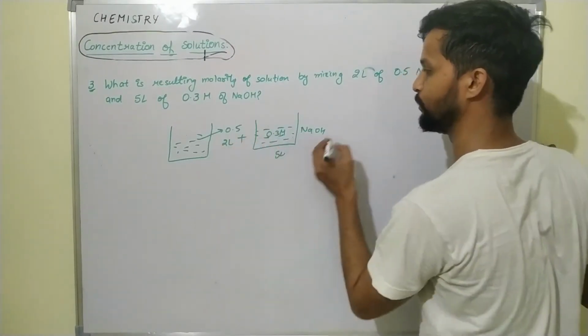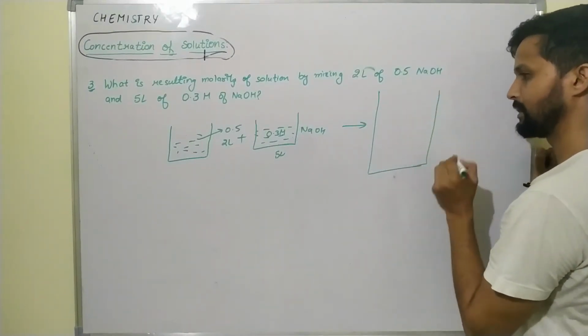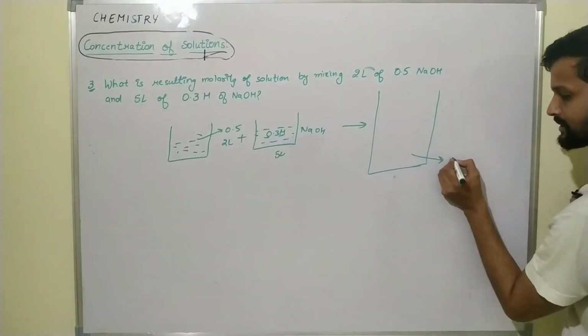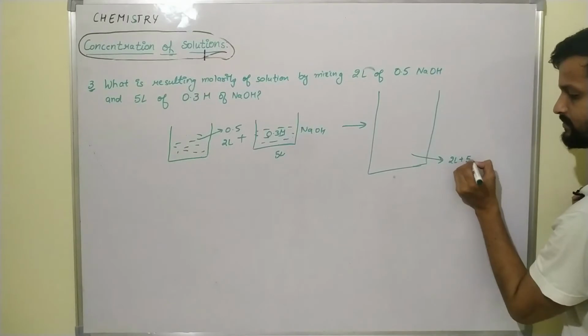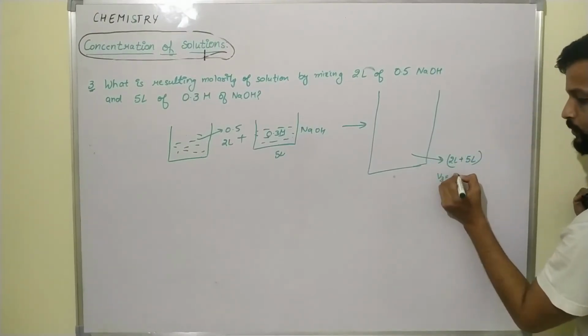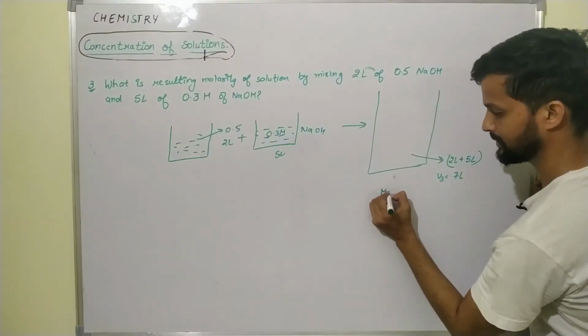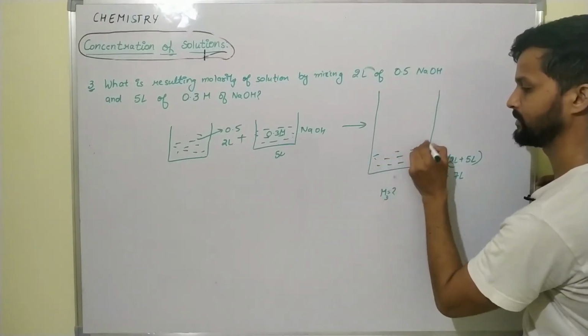You mix both these solutions in a beaker, clear. So here at that time the volume is directly added, means 2 liter plus 5 liter. So here the resulting volume will become 7 liter. We have to calculate its molarity. So students, here molarity is not directly additive.